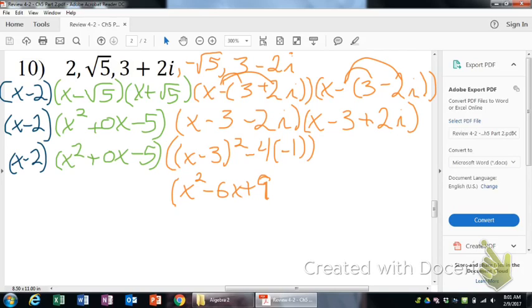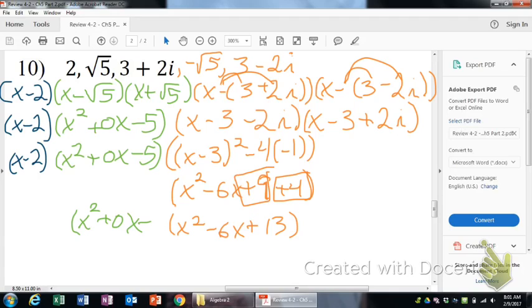There we go. And then you have negative 4 times negative 1 is going to be positive 4. So that's going to give me x squared minus 6x plus 13, because I combined this 9 and 4 as like terms. So then x squared plus 0x minus 5 came down, and so did x minus 2.